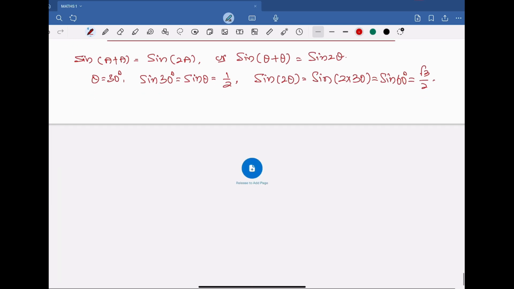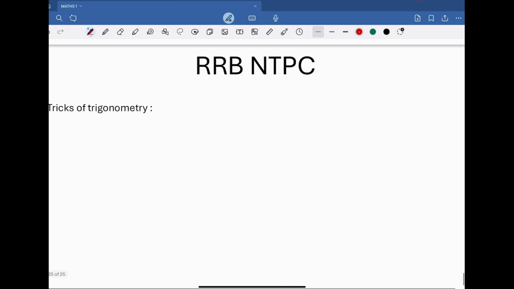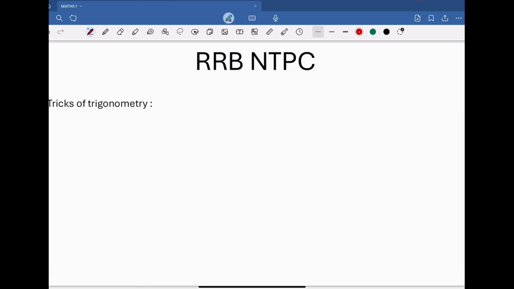That means we will be going for a little bit complex topic. Next class will be dealing with addition of thetas. Already sin theta, cos theta, tan theta we know how to define.